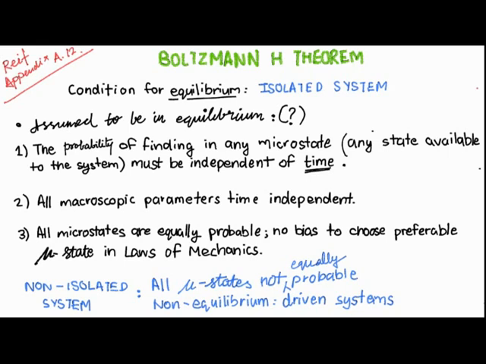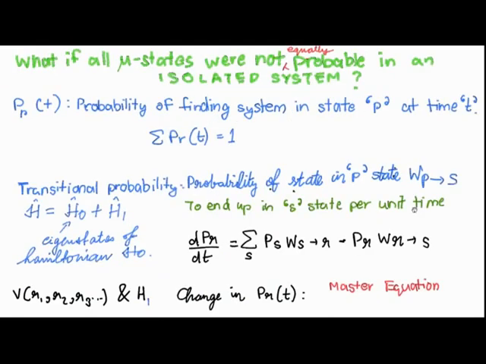Not only energy, but you could put in mass constantly at one end of the system, and there will be a drift of mass from one end to the other, and those will be non-equilibrium or driven systems. But we are not going to discuss that. Just for the sake of completeness, I mentioned that.